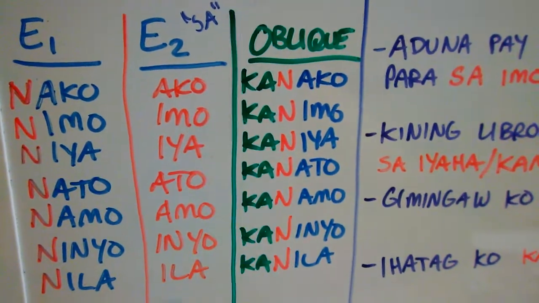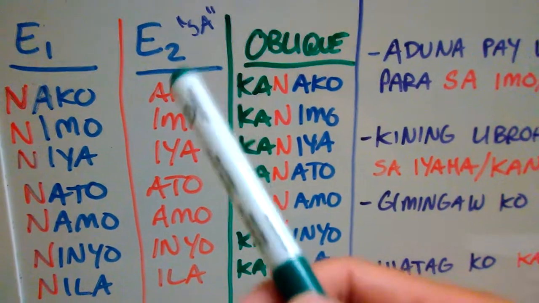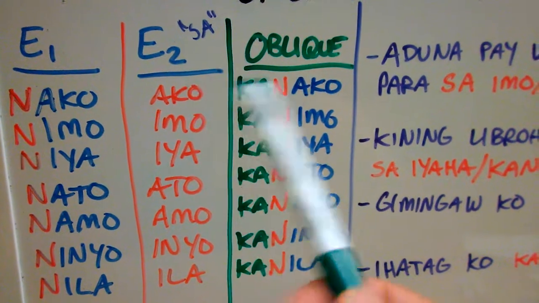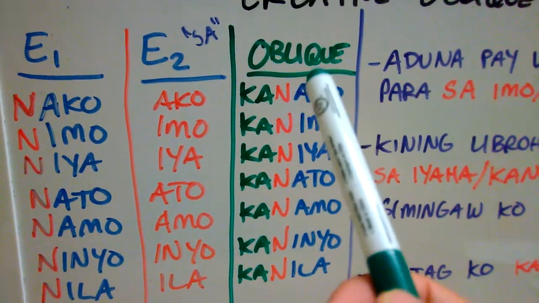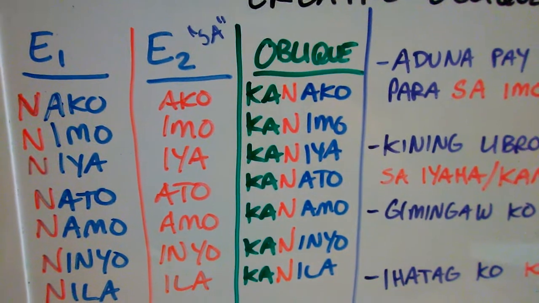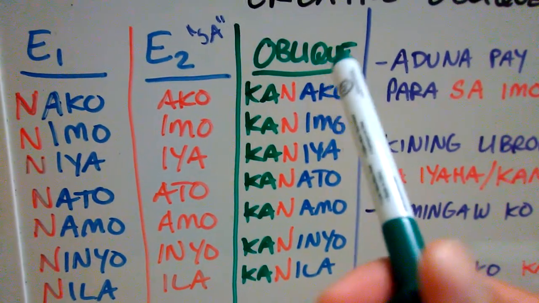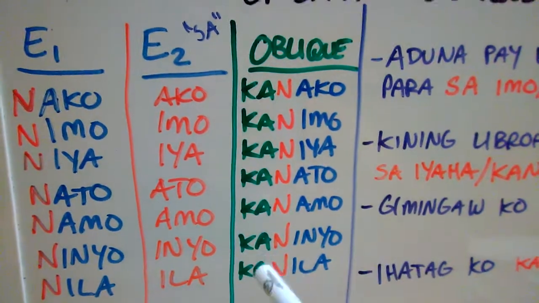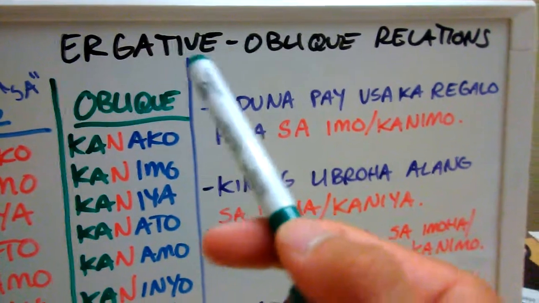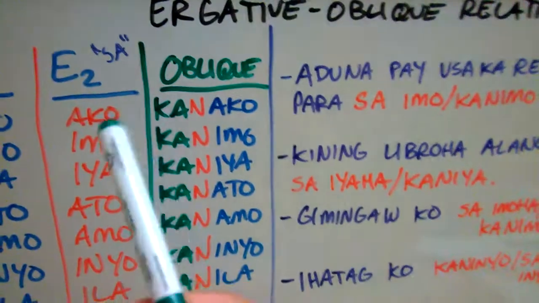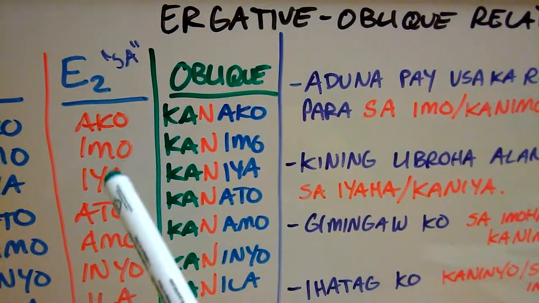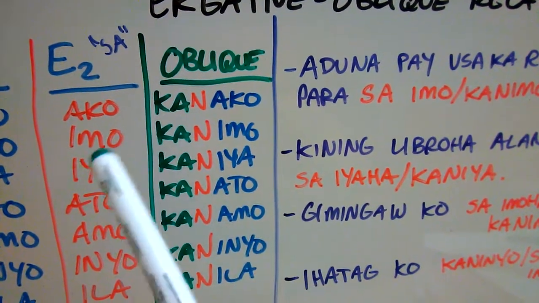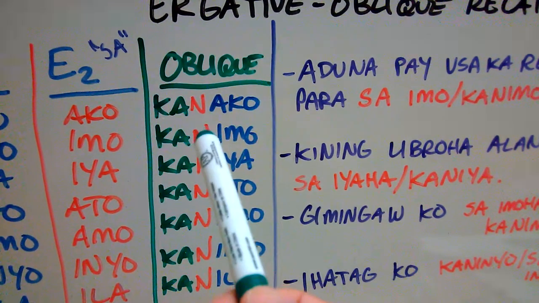So sa ako. Now, the prepositioned ergative pronouns are sometimes interchangeable with the oblique pronouns. When I say oblique, I mean the full oblique forms, the kanako, kanimo, kaniya. That's what I meant by the ergative-oblique relationships, because even though it's a slightly different form of ergative, it can be interchangeable with the full form of the oblique.